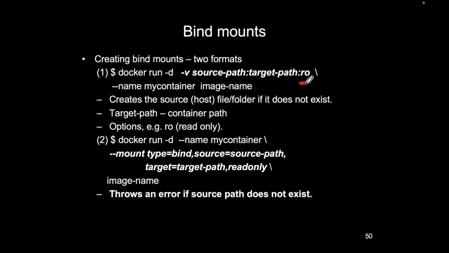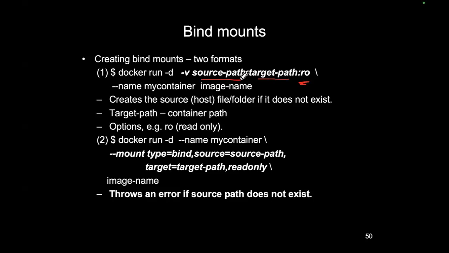The most common option is the read-only option. That's what RO stands for. If you specify the RO option, that means the container during runtime cannot write to this path, which means it cannot make any changes to the files on the host machine.